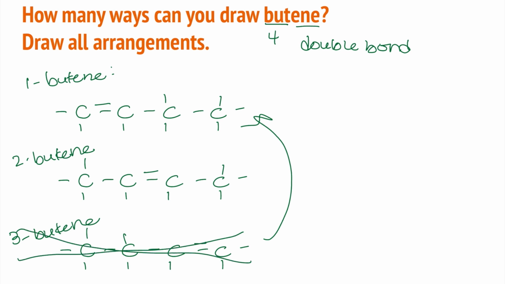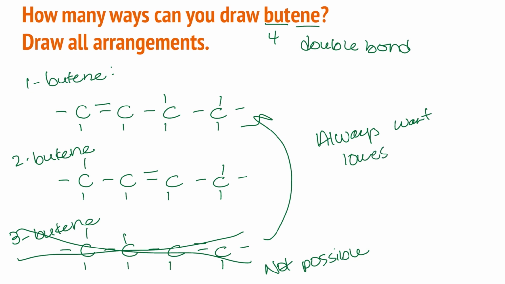And so 3-butene is not possible. If we even have to number backwards, we always want the lowest numbering possible. And it might mean we are numbering from the right side and numbering those backwards like that.